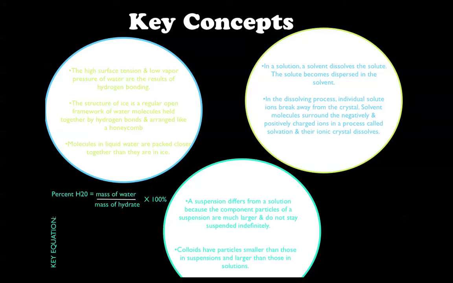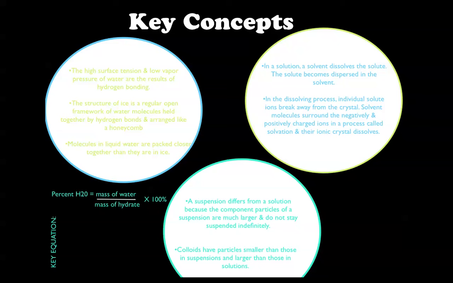And then in the dissolving process, individual solute ions break away from the crystal. Solvent molecules surround the negative and positive charged ions in a process called solvation, and the ionic crystal dissolves, which also makes sense. When the molecule is surrounded by negative and positive, then it will obviously just dissolve and go away.